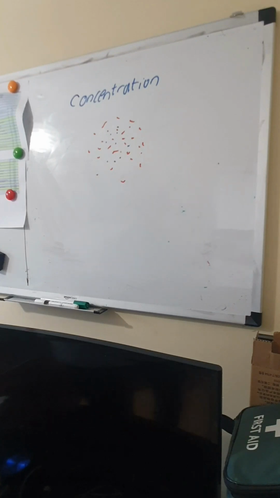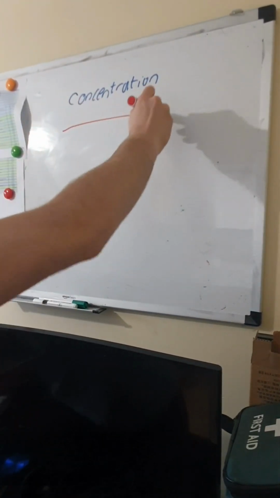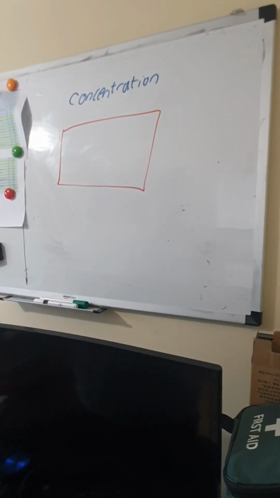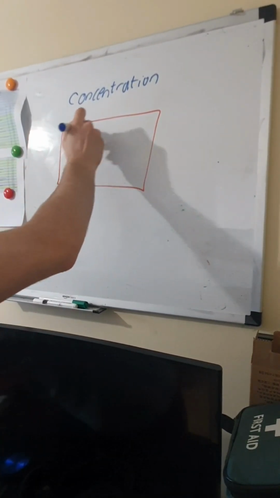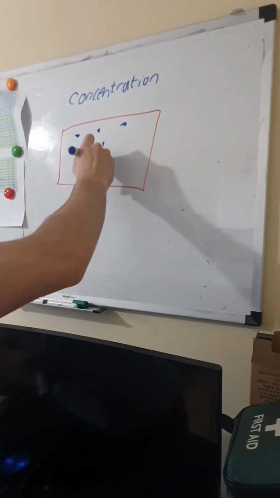But another way, and the way we'll be asked in the exams, is we're going to be given a space. So let's say a square, and then we've got little dots inside of it. 1, 2, 3, 4, 5, 6, 7, 8.